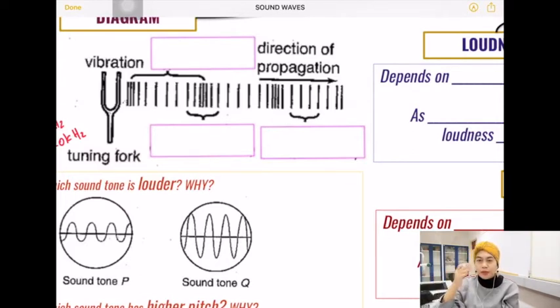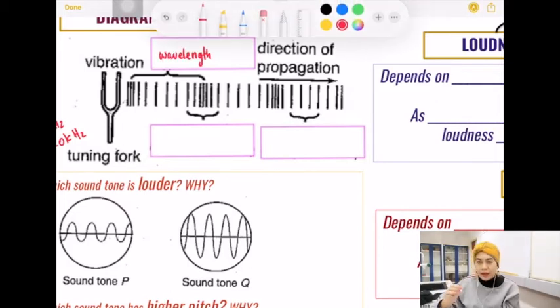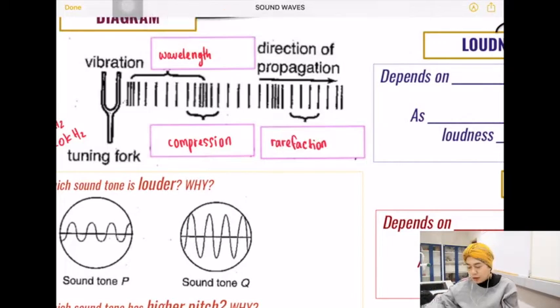The distance from the center of a rarefaction to the center of another rarefaction is the wavelength. And the center of one compression to the center of another compression is also one wavelength. So this distance here is the wavelength. The area where particles are closer together, we call the compression. And the area where particles are further apart, we call the rarefaction.